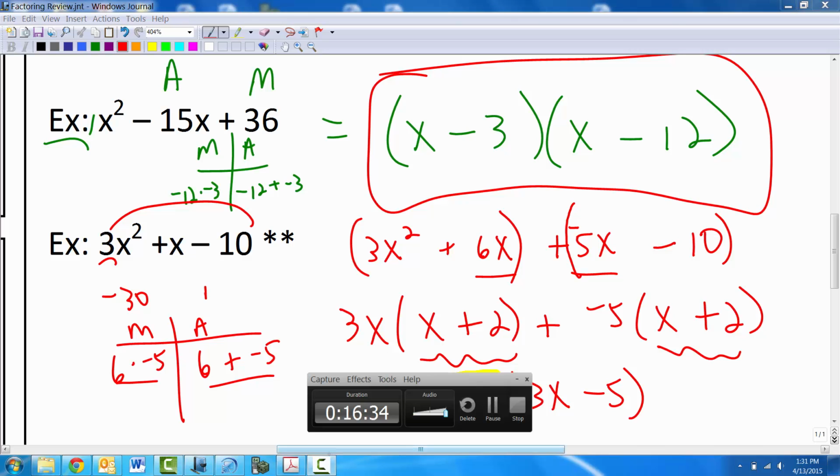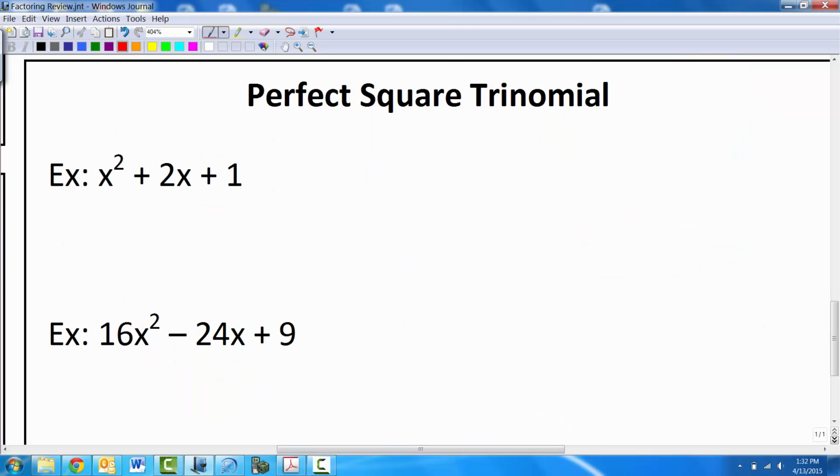Okay, why did I put these here? Well, this is actually just an MA. But look at what the answer turns out to be. What multiplies to 1 and adds to 2? Because I do have a trinomial. What 2 numbers multiply to be 1, add to be 2? It's just 1 and 1. 1 times 1 is 1, 1 plus 1 is 2.